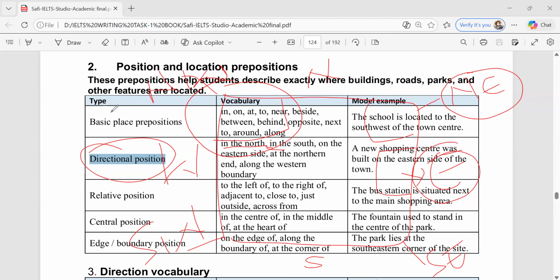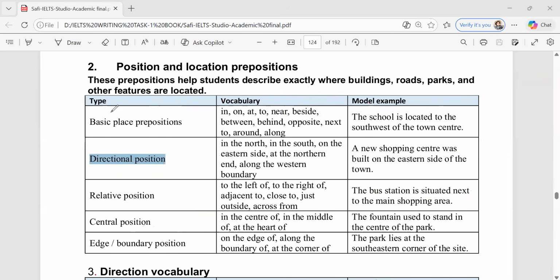In the north, in the south, on the eastern side, at the northern end. So this is the vocabulary. Like, a new shopping center was built on the eastern side of the town. So you do need directional position. Then it comes to relative positions.